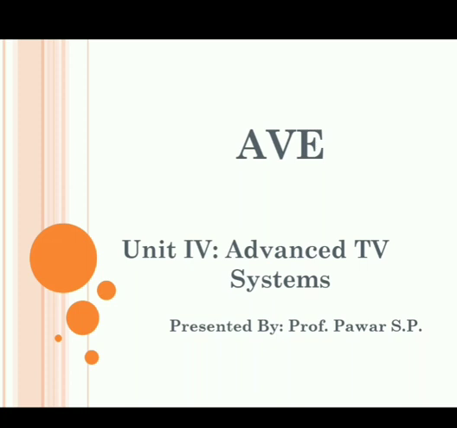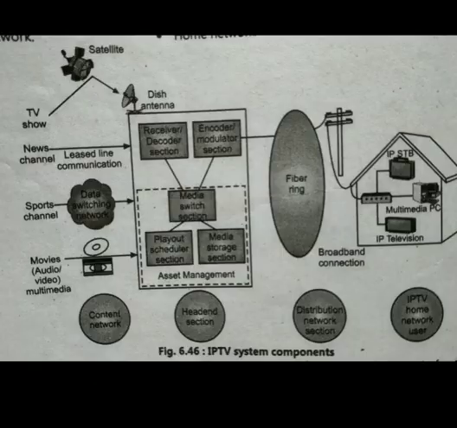Now let us see the IPTV system components, that is, what different components are present in the IPTV system in detail. In this diagram we can see the IPTV system components.